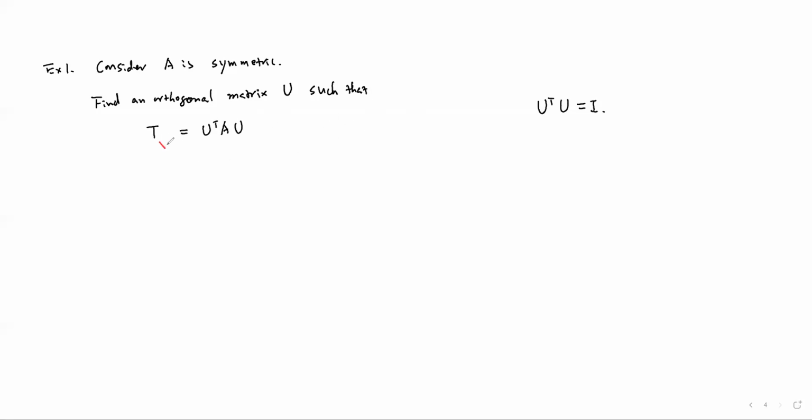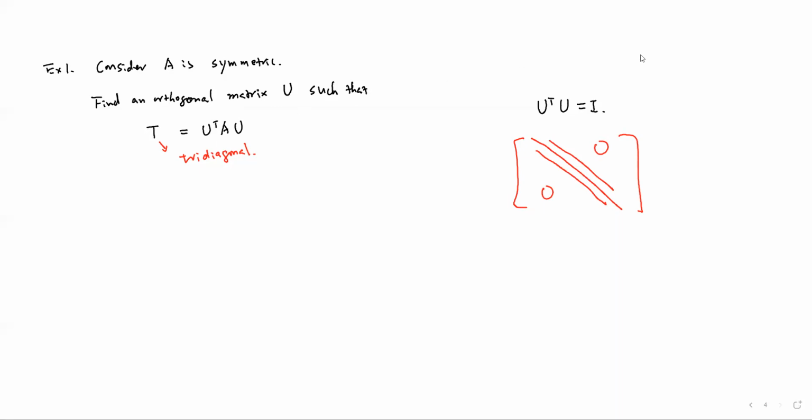Tri-diagonal means that the matrix has only 3 diagonal lines. All other entries are zeros. Before we perform the QR algorithm on A, we first transform A into a tri-diagonal matrix.